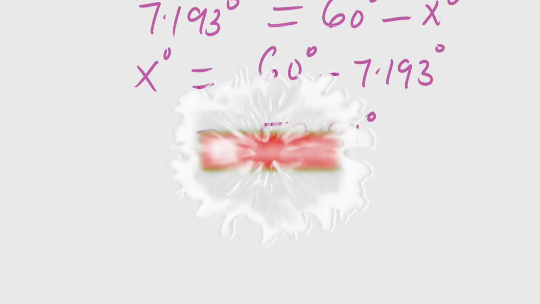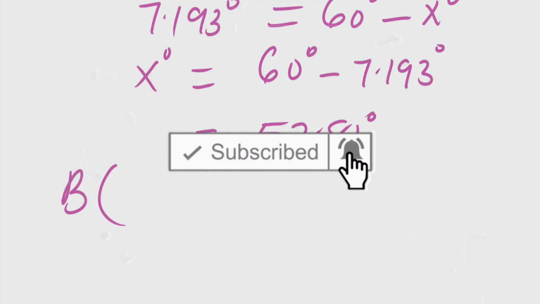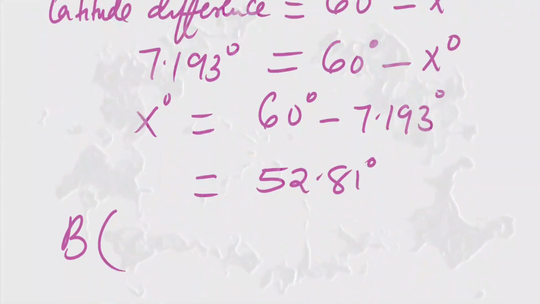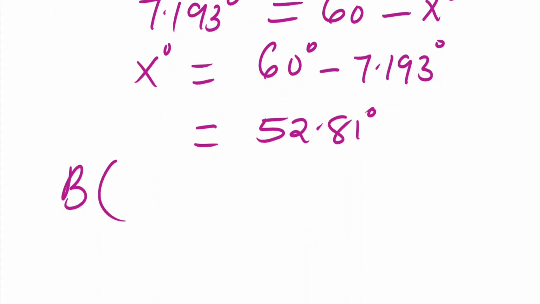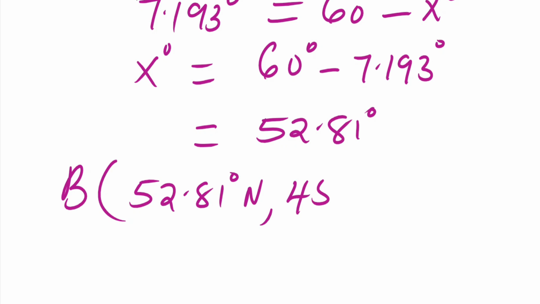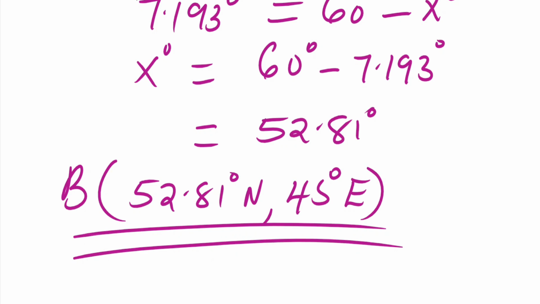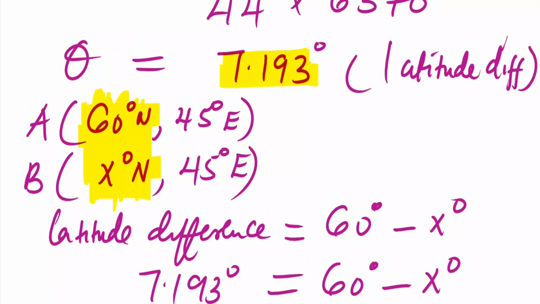Therefore the position of B is 52.81 degrees north and 45 degrees east. So that is how we're supposed to work out that question.